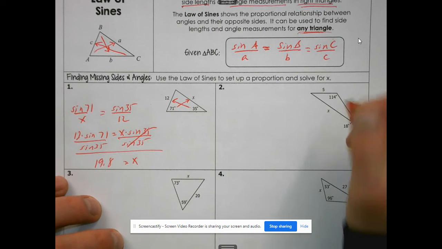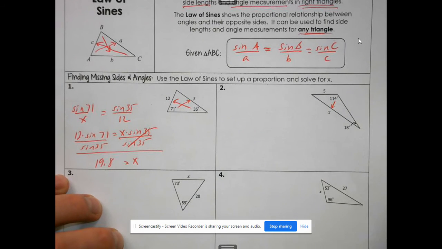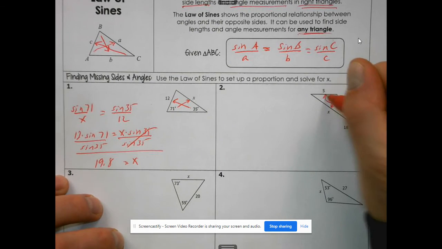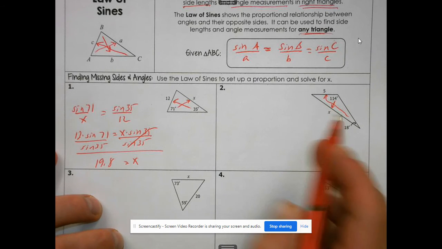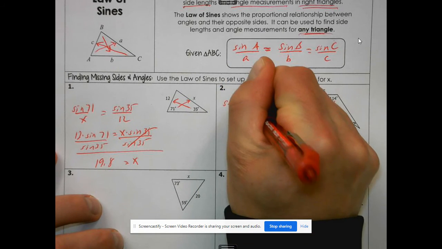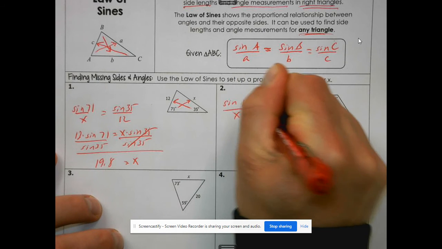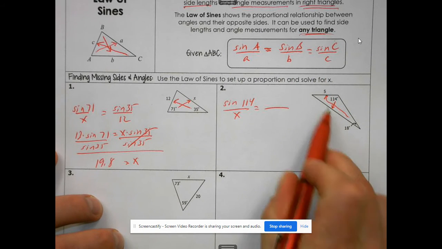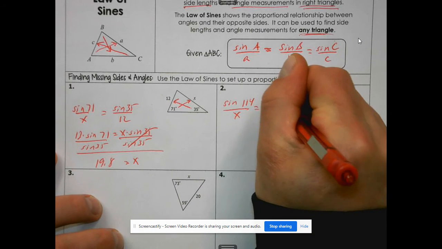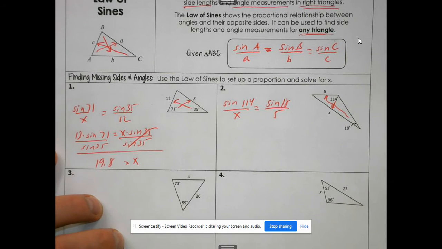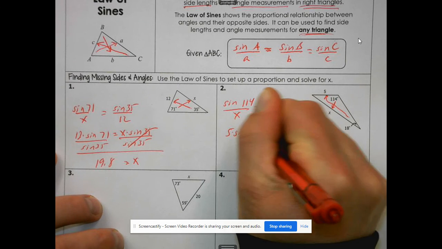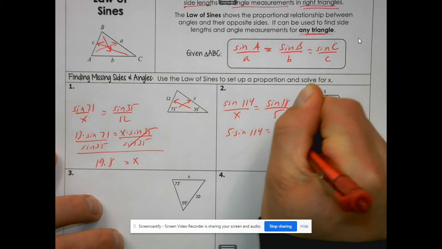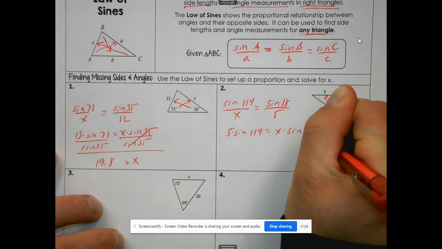Number two, those guys go together, and then those guys go together. So sine of 114 over X equals sine of 18 over 5. Cross multiply: 5 times sine 114 equals X times sine 18.